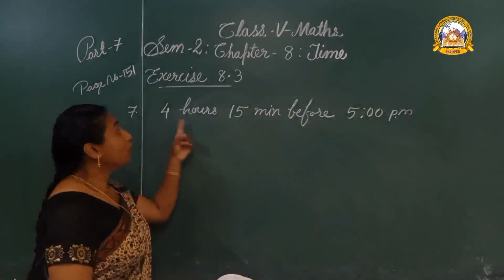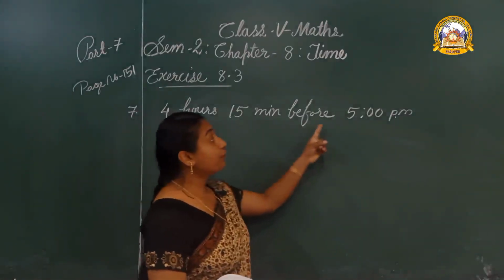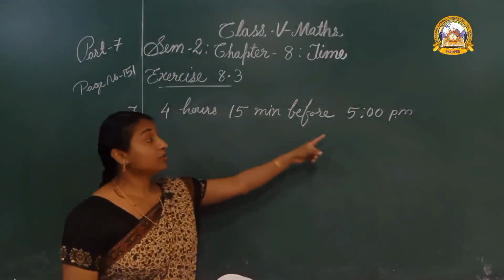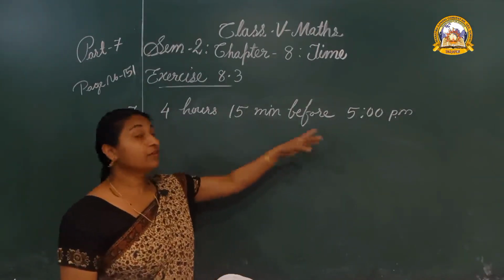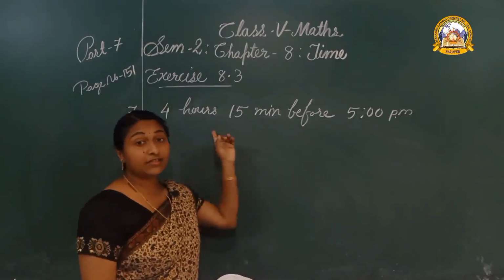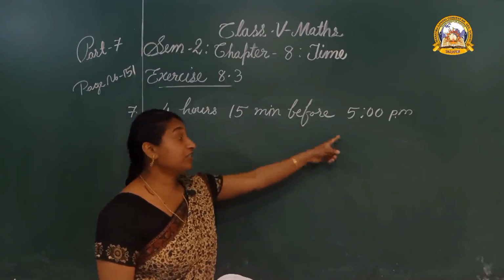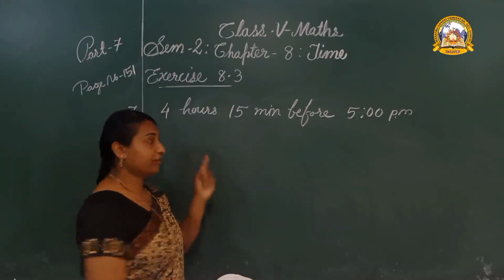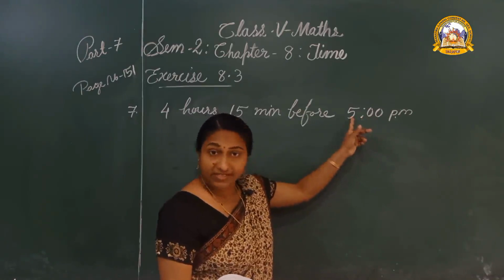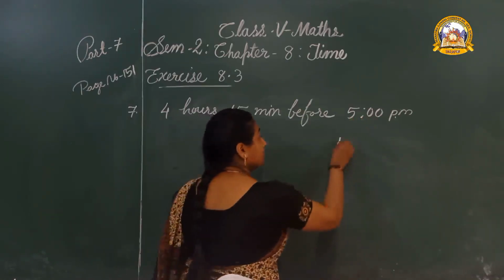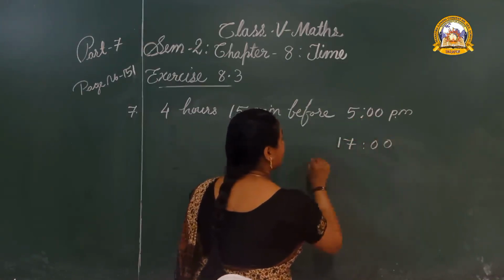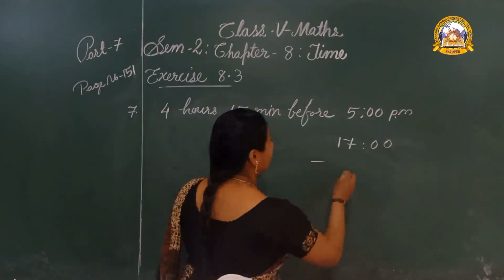Seventh, 4 hours 15 minutes before 5 PM. Okay, before, so it is the finishing time. What should we do? Subtraction. To get the starting time, what should we do? Finishing time minus duration. 5 PM means 5 plus 12, 17. 17 hours minus 4 hours 15 minutes.